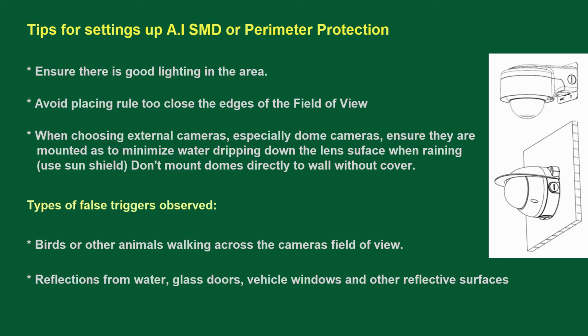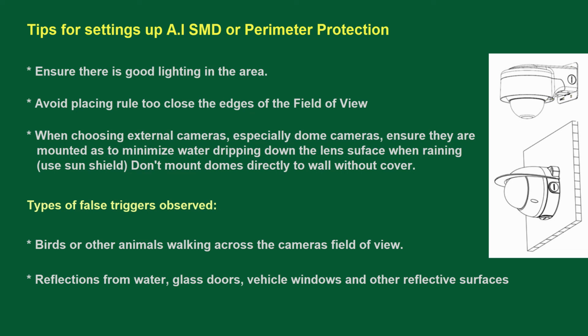And another false event that we occasionally see is from reflections. Now, technically, a lot of these are not false flags as such, because AI doesn't understand context. For example, if you've got the camera's field of view or the rule close to a reflective surface, like a window or a glass door, sometimes people walking past that are not directly in the line of view are reflected off the windows, and that may of course trigger as a human detection.